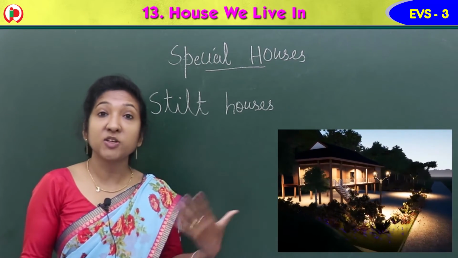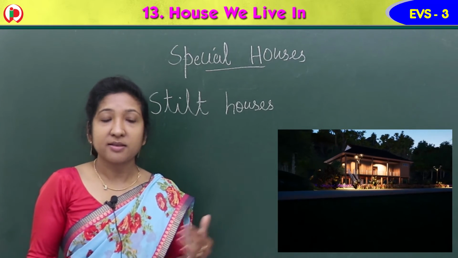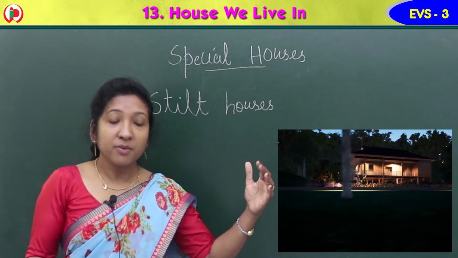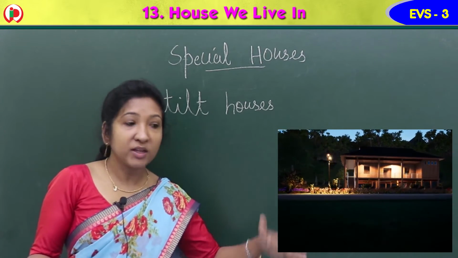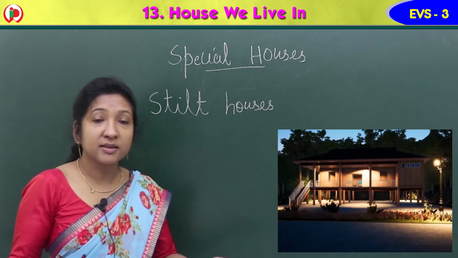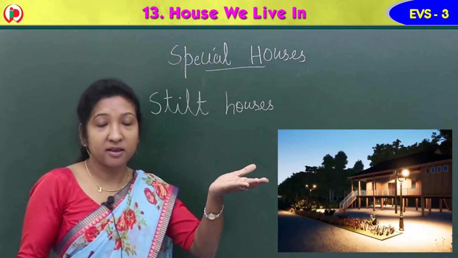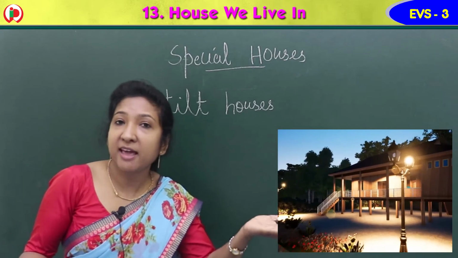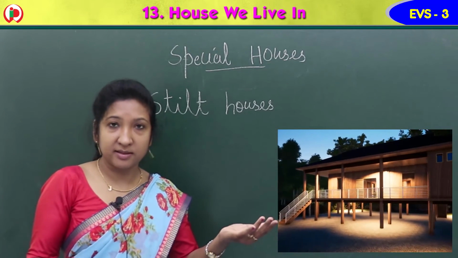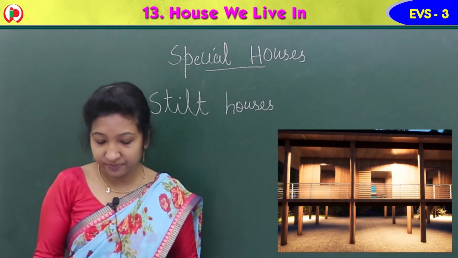In Assam, because it rains a lot, heavy floods will be there. If the house is on the ground, it will affect the house. So people are building houses above the ground on stilts or poles, to protect themselves from heavy rain or floods and wild animals. Okay.